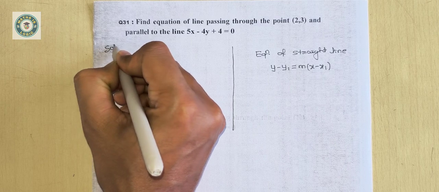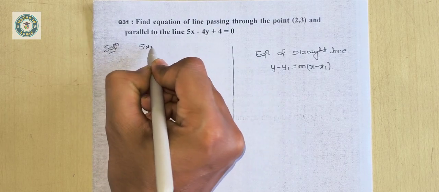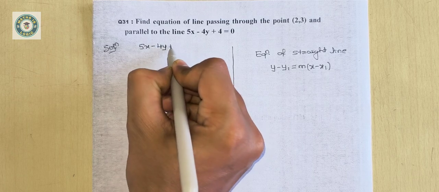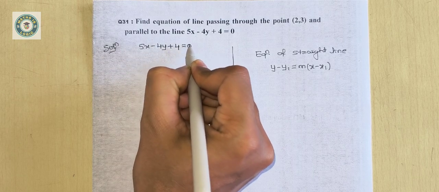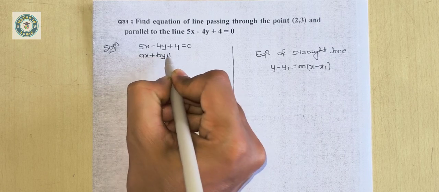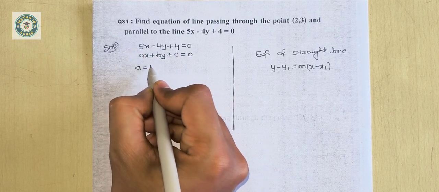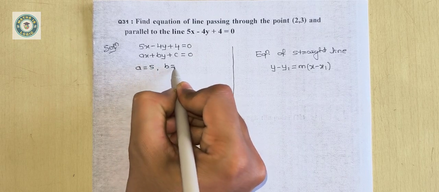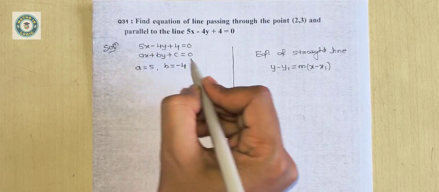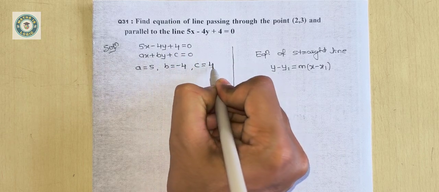Therefore, in the solution, first note down the second line equation: 5x minus 4y plus 4 is equal to 0. It is of the form ax plus by plus c is equal to 0. Here a is 5, b is minus 4 including the negative sign, and c is 4.